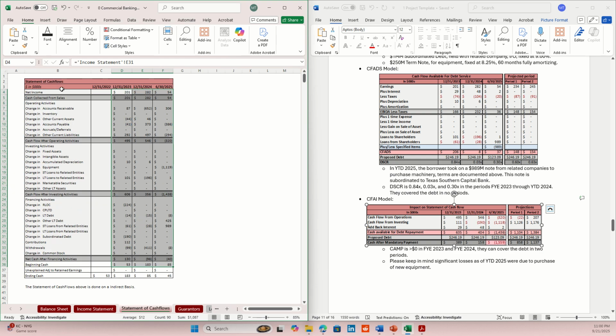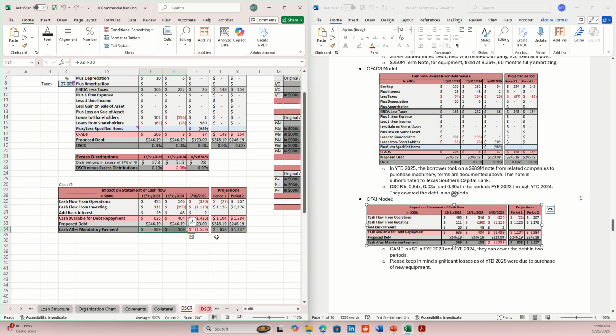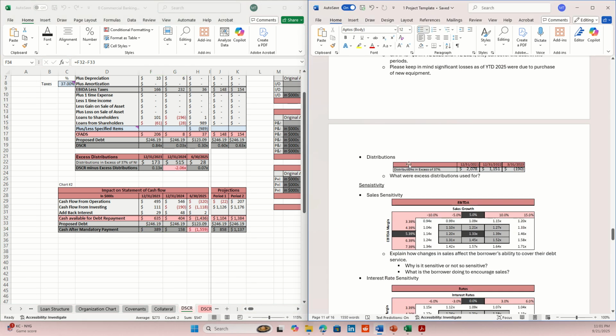That's how you reconcile cash. And this statement of cash flows is the reconciliation of cash. This was done on an indirect basis. And remember, we're taking that and we're putting it here. So one more thing to do and then we're done. Distributions.